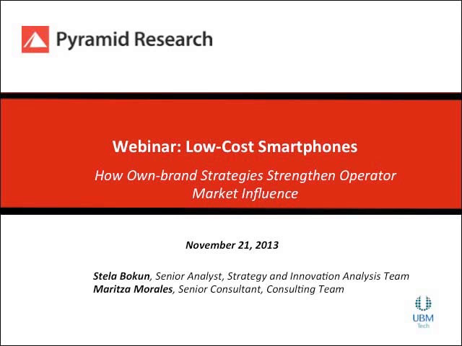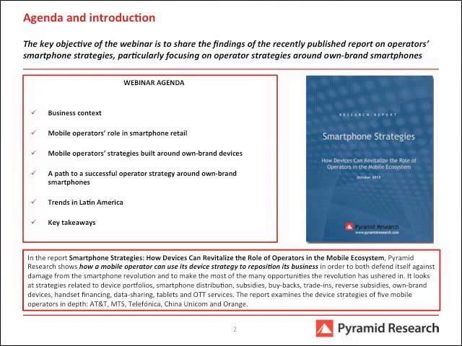As Jen mentioned, recently I co-authored a report, Smartphone Strategies: How Devices Can Revitalize the Role of Operators in the Mobile Ecosystem. The key objective of today's webinar is to share some of the findings of this report, particularly those focusing on operator strategies around own-branded smartphones.